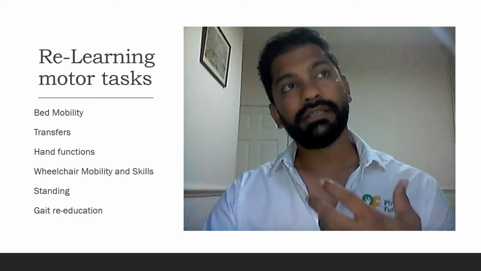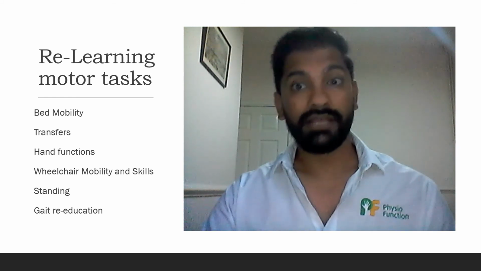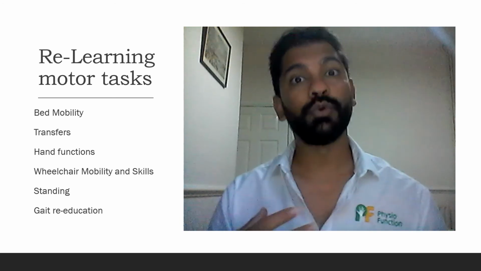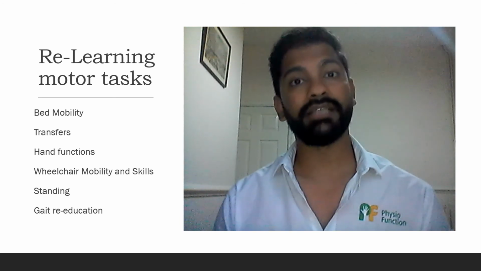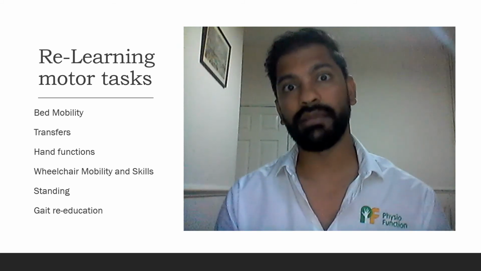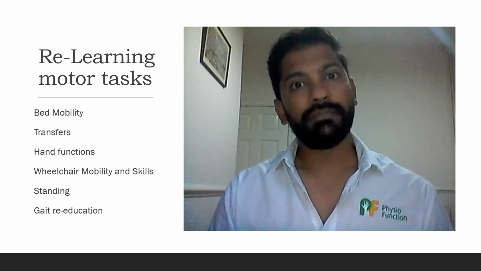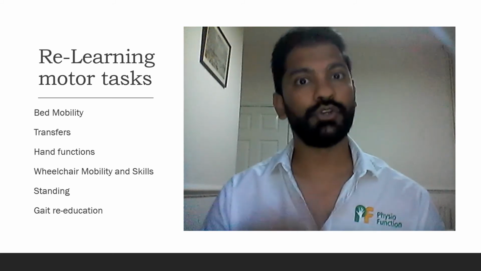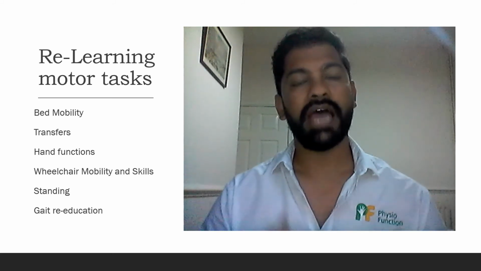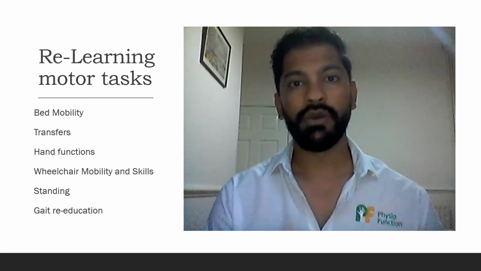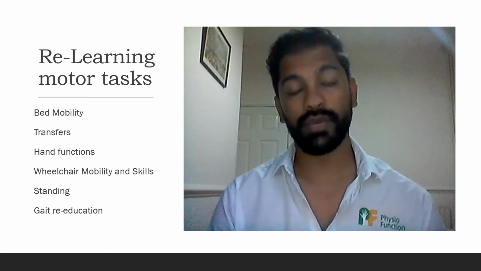And if the patient is standing, some patients with incomplete spinal cord injury would want to work on their standing balance, which you need to facilitate and work into their static and then dynamic balance. Some incomplete spinal cord injury patients would also want to improve their gait, so you need to re-educate their gait and look into assistive devices which they can use to walk with.